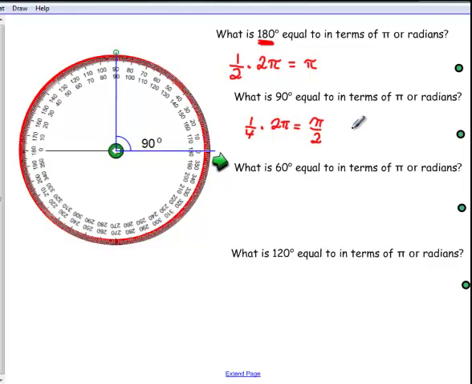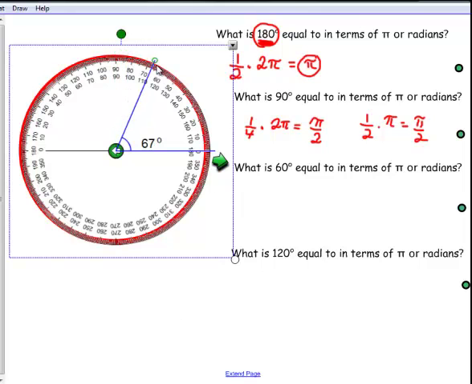Or another way you could have looked at it is, since we figured out that pi was 180 degrees, I went half of 180 degrees. So now every time we see 90 degrees, we're going to say it's really half of a pi. So it may get a little tricky when we start getting into things that aren't perfect halves and perfect quarters.